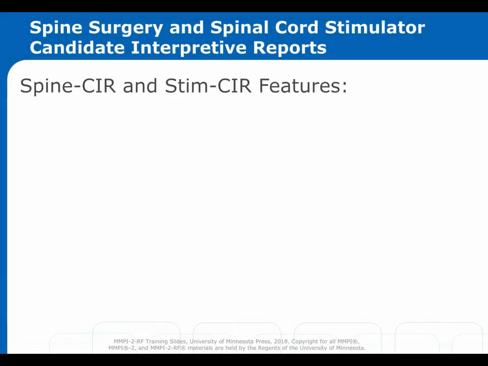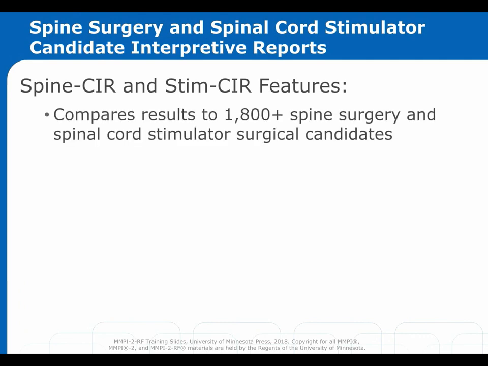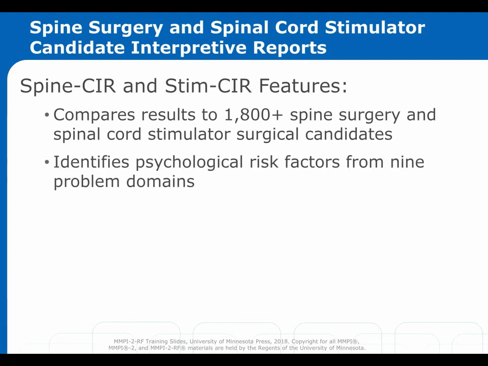The spine surgery and spinal cord stimulator candidate interpretive reports are intended to assist in pre-surgical evaluations. When using this report, you will be able to compare a candidate's test results to those of a comparison sample of more than 1,800 spine surgery and spinal cord stimulator candidates.